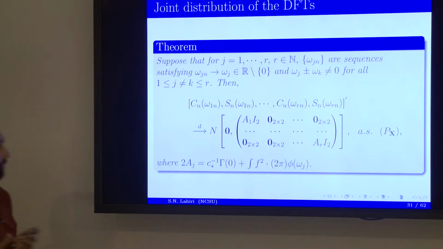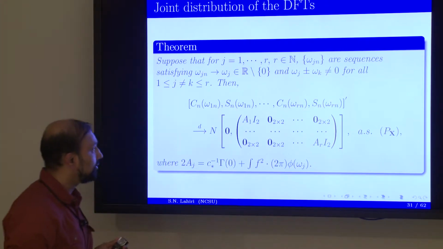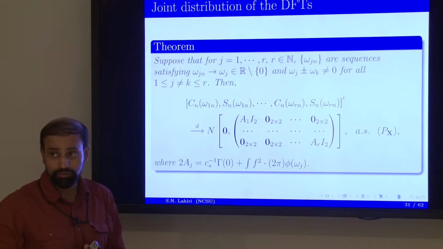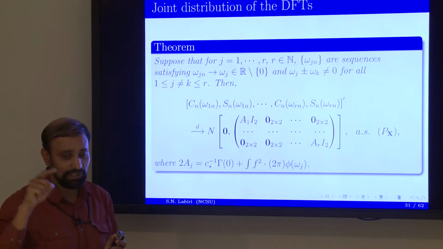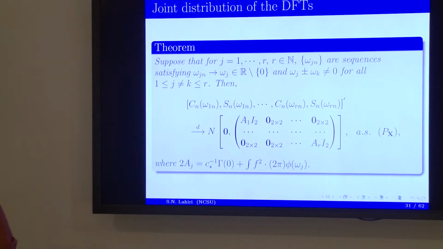Okay, so the sine and cosine transforms, if you fix a particular sequence of frequencies, and I'm not necessarily looking at Fourier frequency, it is not of the form twice pi j by n. It doesn't make sense in the case when you have a process on the continuum. Okay, twice pi does not mean anything. In the case when you have discrete parameter, the spectral density is from minus pi to plus pi.